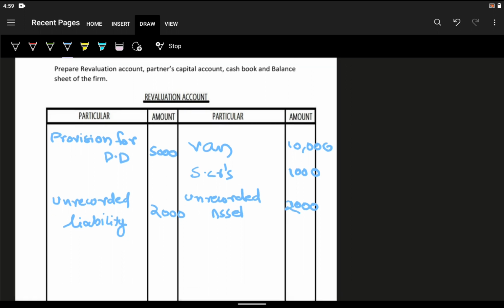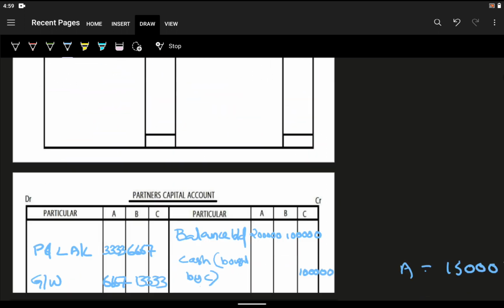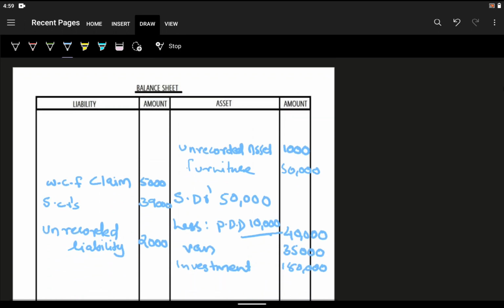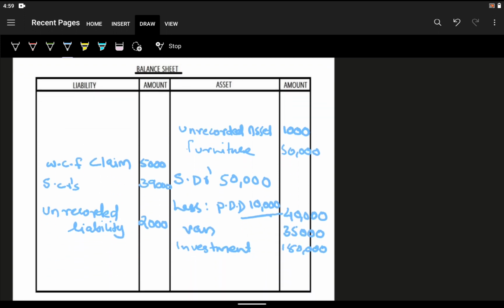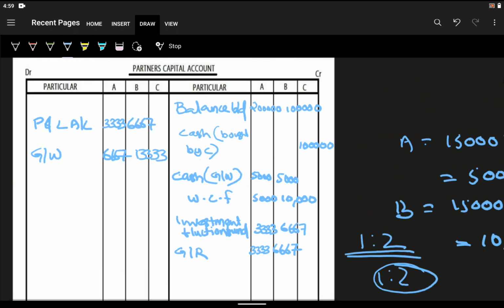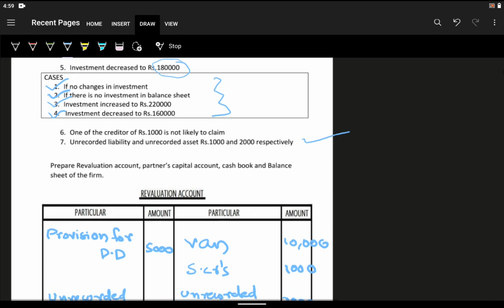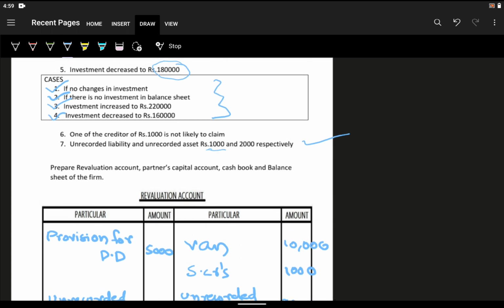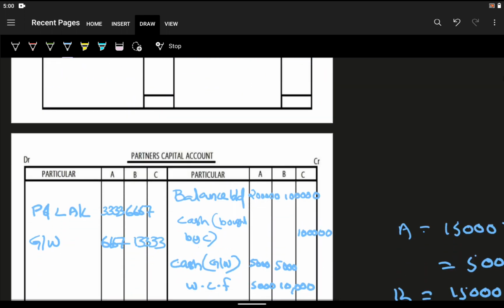Actually, unrecorded asset is 2,000. Unrecorded liability is 1,000. Let's check here if any mistake is there or not. Unrecorded asset should be 2,000 and unrecorded liability should be 1,000. It was a mistake from the question. So in the question, unrecorded liability is 1,000, unrecorded asset is 2,000. So we change it.